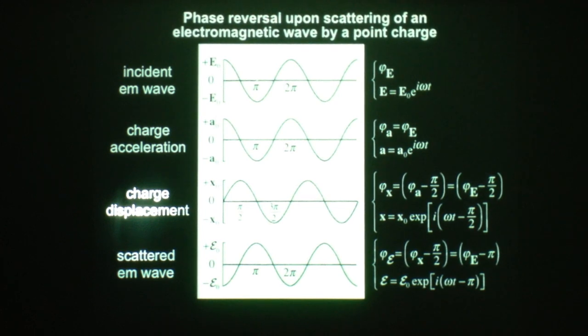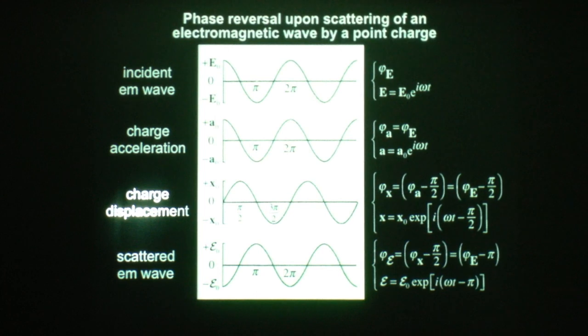So that's another 90 degrees or pi over 2 phase shift with respect to the forced motion of the electron, so that the net effect is we have a pi phase shift. The scattered wave is pi shifted from the incident wave. That appears as a negative sign in that expression for the electric vector in terms of the charge and acceleration.